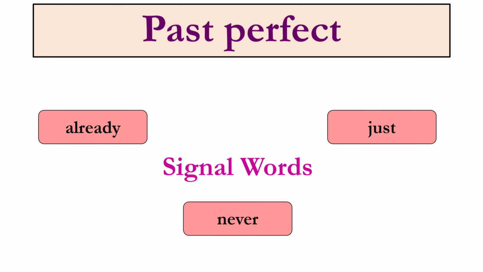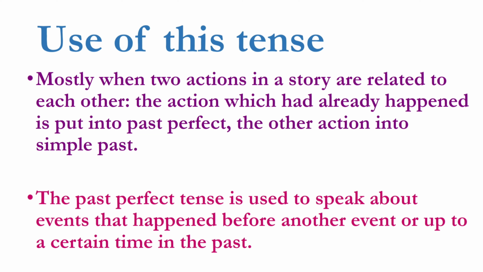This tense has some signal words, such as already, just, never. We use this tense in the following conditions: mostly when 2 actions in a story are related to each other, the action which had already happened is put into past perfect, the other action into simple past.